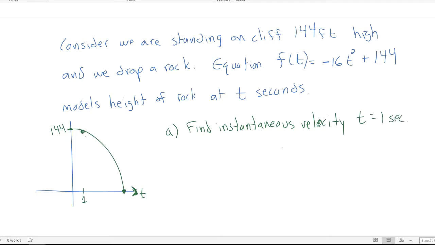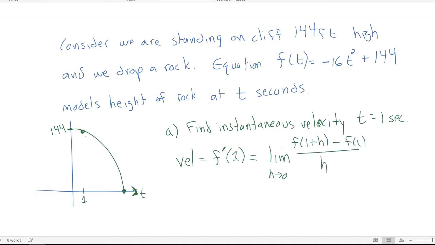So using our formulas that we just discussed, the velocity is going to be the derivative of the function at, in this case, t equals 1. So we talked about this derivative as our limit as h goes to 0. So we're going to have f at the a value, f at a plus h minus f at a all over h. We're going to take a limit as h goes to 0 there.